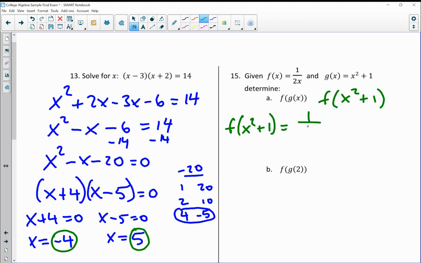So this will become 1 over 2 times x squared plus 1. Which, if we just distribute the 2, gives us 1 over 2x squared plus 2. And that's it.